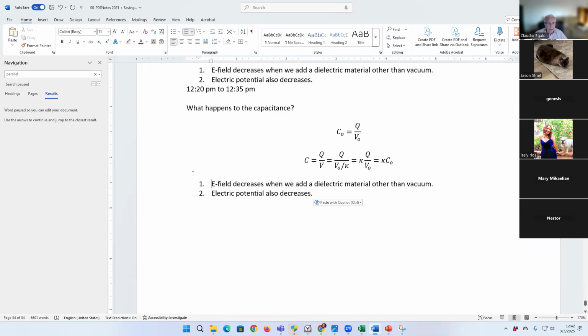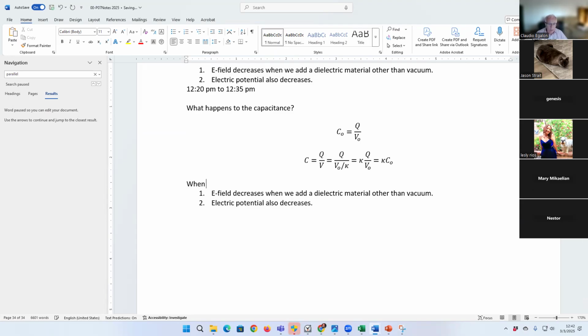When we add a dielectric material between the conductors of a capacitor, other than vacuum or air, the following happens.